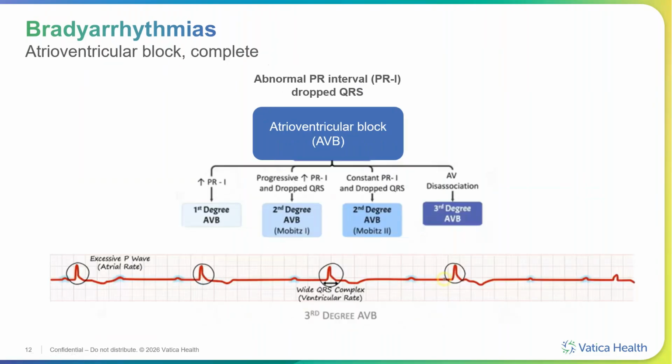And lastly, if you see a bunch of P waves beating at their own rate and no real relationship to the QRS complexes, that's complete atrioventricular dissociation. And that's a third degree AV block, and it's the only bradyarrhythmia that we covered that is an HCC that risk adjusts.